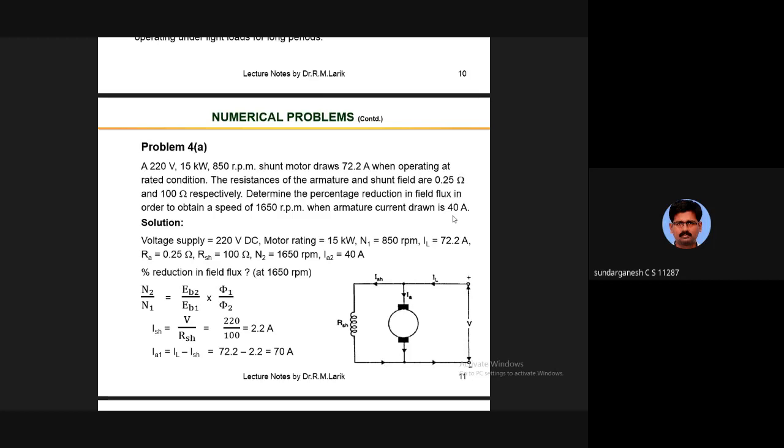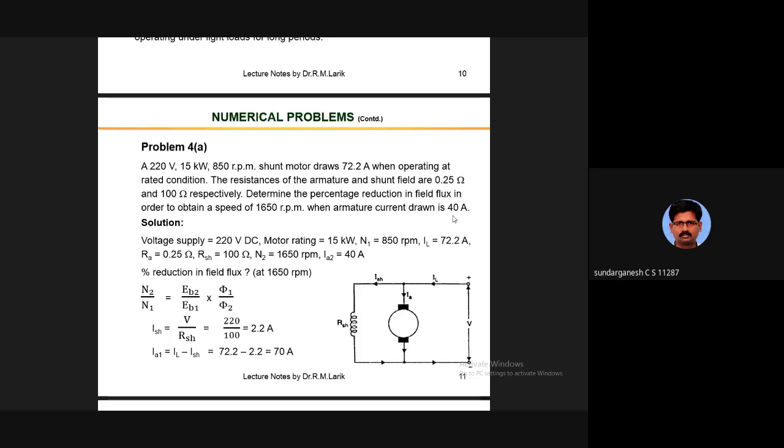In a motor, we don't call it power, we call it the rating of the motor. When you buy a motor, the shop assistant will ask what the rating of the motor is. Rating indicates the power of the motor. So the DC motor rating is 15 kilowatt.